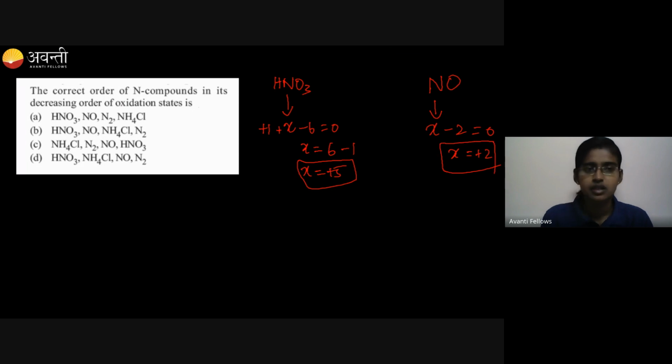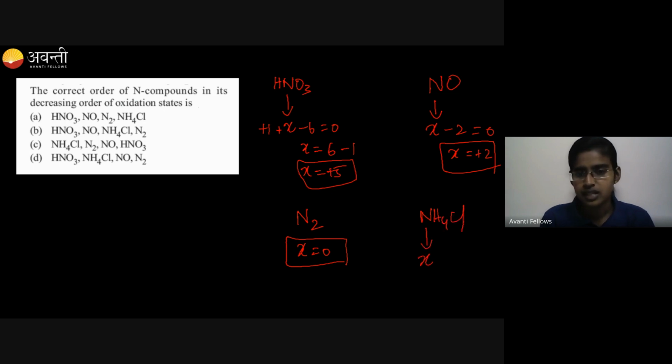Right. And for N2, it is 0, X is equal to 0. There is no electronegativity difference, so it is 0. And for NH4Cl, if nitrogen is taken as X, 4 hydrogens give +4, 1 chlorine is -1, right? For halogens, the charge is -1.